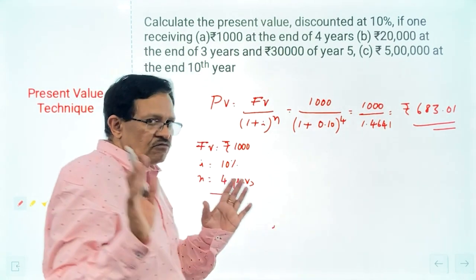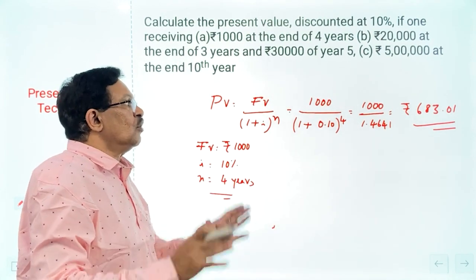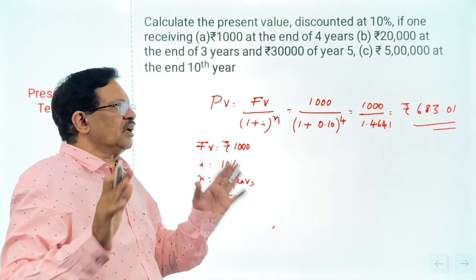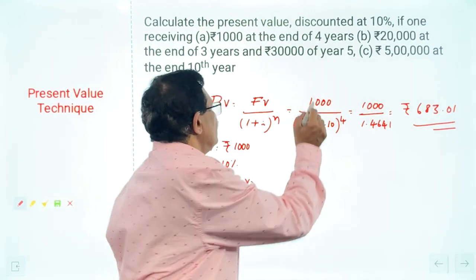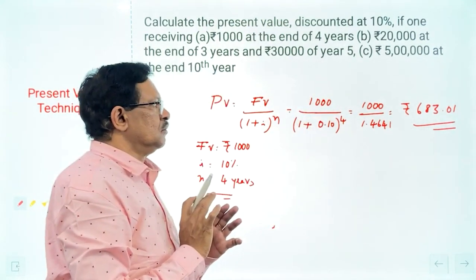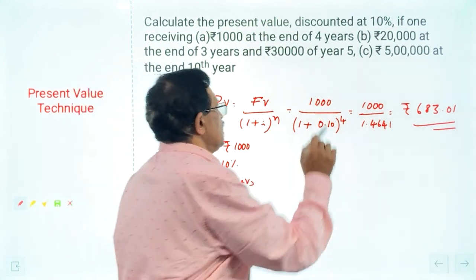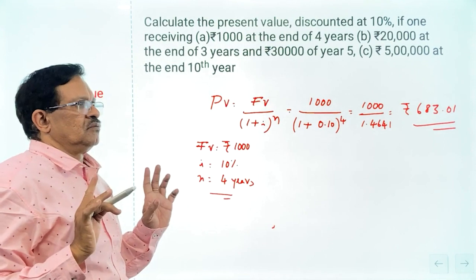And definitely one needs to understand that the present value is going to be lower than the future value. If you are committing a blunder in calculation, and you are getting more than the future value, that means you have done something wrong. Always the present value will be lesser than the future value.